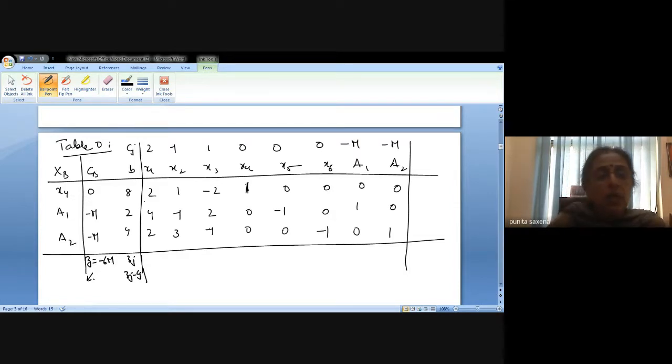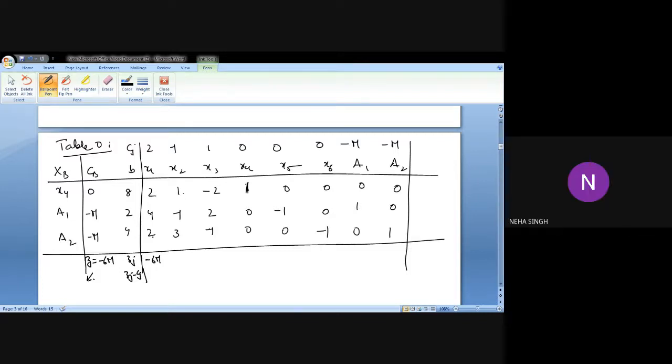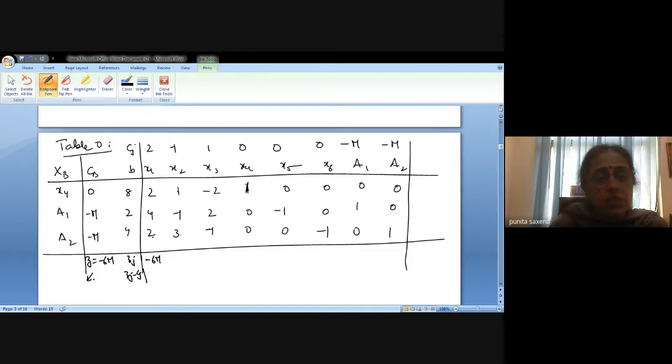Now, your zj's will be different. They will not be 0 now. This will be minus 6M. This is 0. Now this is M minus 3M, so minus 2M.